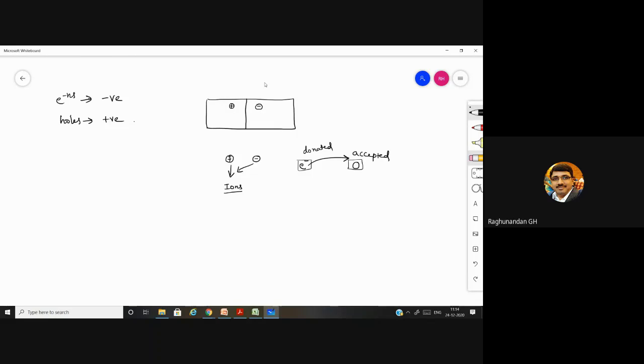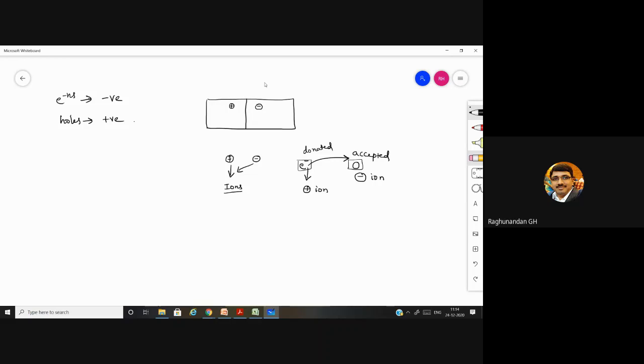The place where the electron is given out becomes a positive ion. The carrier where the charge is accepted becomes a negative ion.